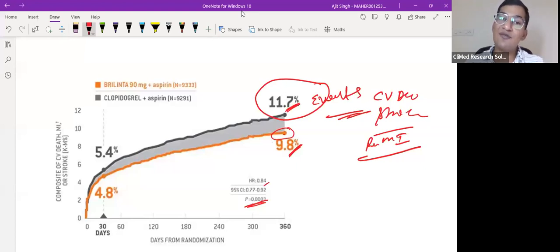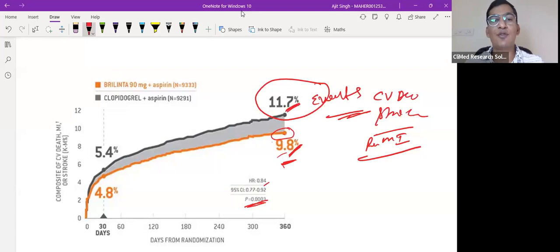Ticagrelor is far more efficacious than clopidogrel, and it also has a better bleeding profile, because it has a reversible mechanism of binding with the platelet. So it has a better profile and better efficacy than clopidogrel.